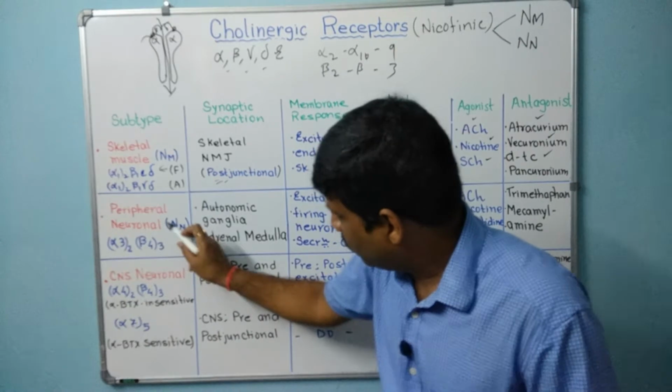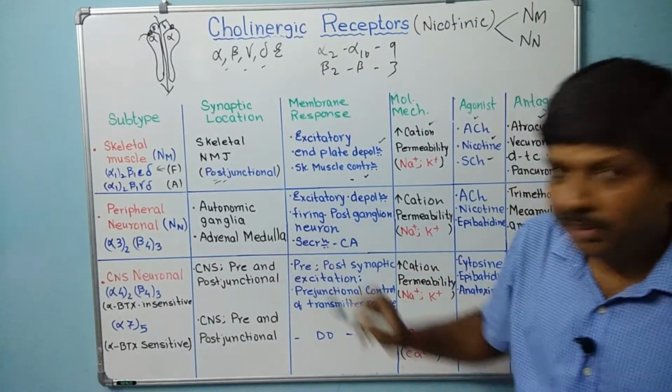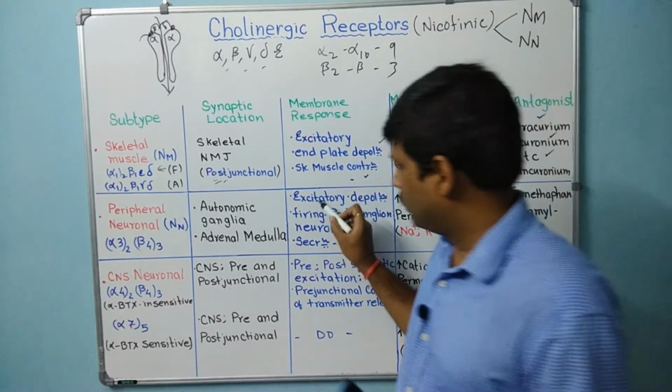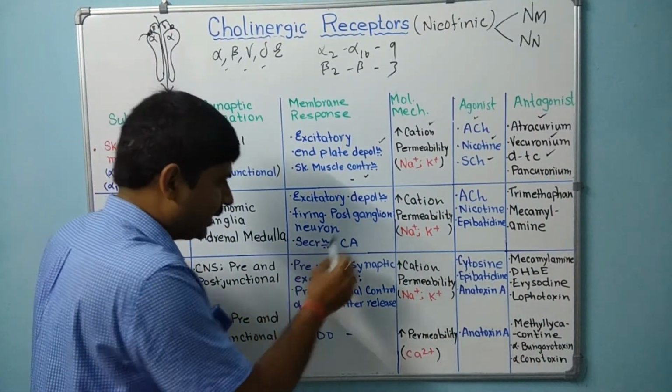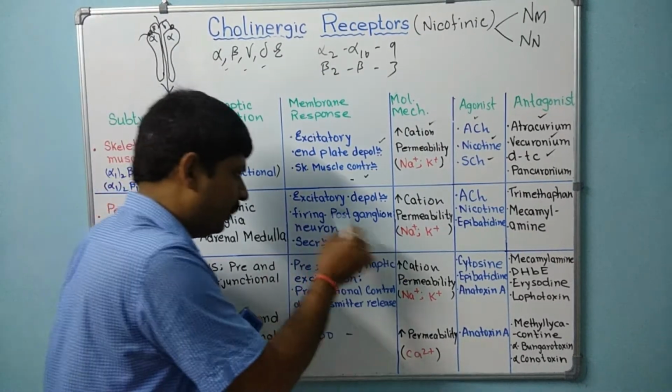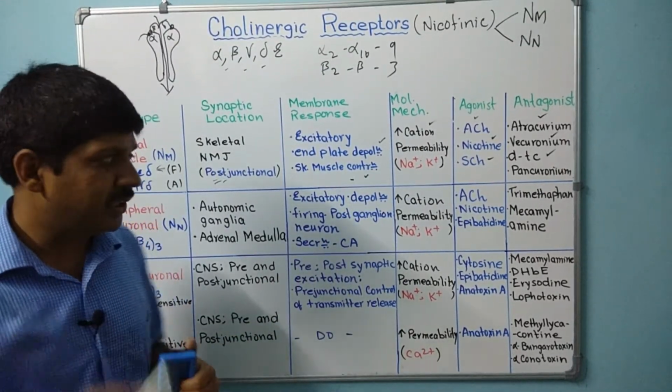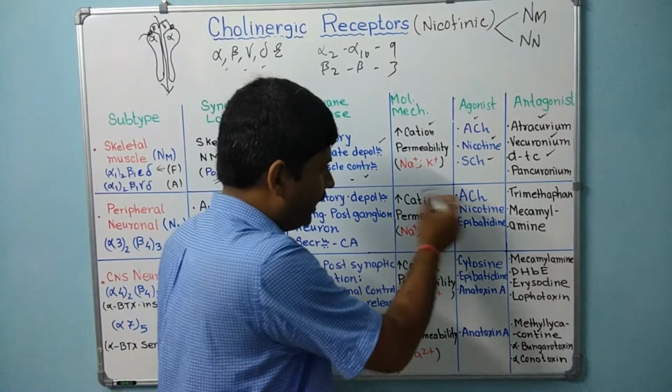So peripheral neuronal type is present in autonomic ganglia and adrenal medulla, and it causes excitation, it causes depolarization upon stimulation. There is secretion of catecholamine, and postganglionic neuronal stimulation is also there. Mechanism is the same.